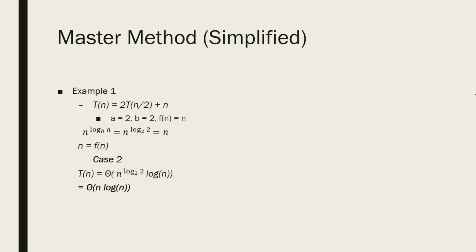We know the values for a and b, so we just plug those in, and it is n to the log base 2 of 2, and that log formula becomes 1, so we have n, which is the same as our f of n, where n equals n. So this is a case 2 situation, and what we are left with is T of n is big theta of n to the log base 2 of 2 times log n, which comes to n log n.